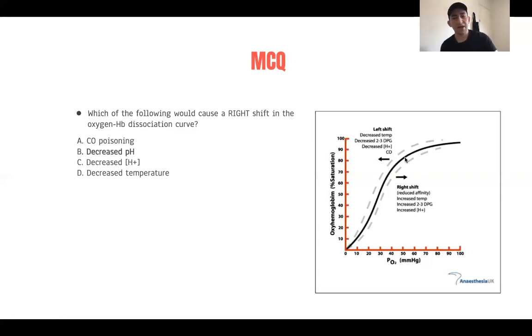Now, once you think about that, you again think of where you'd want it to bind better. So left shift is often observed in the alveoli, while right shift is often observed in the tissue. Okay, because that's where you want hemoglobin to start dropping off oxygen, which is good because you have reduced affinity, and you have an increased affinity in the left shift. And the remaining stuff just explains what happens at each site.